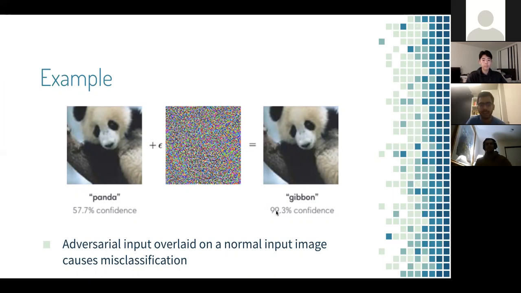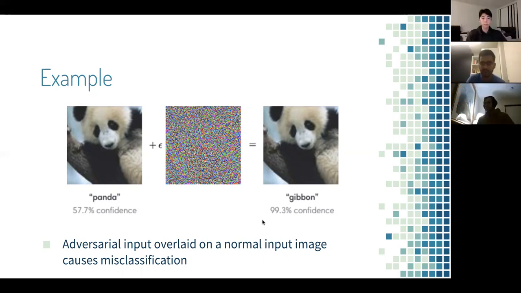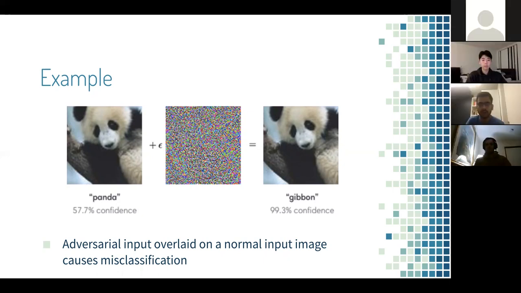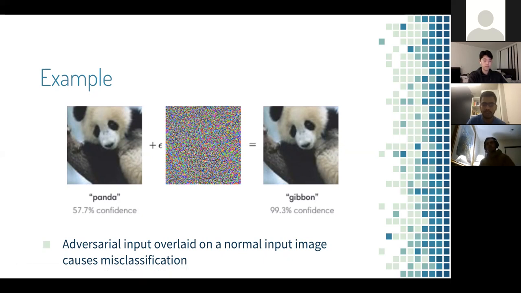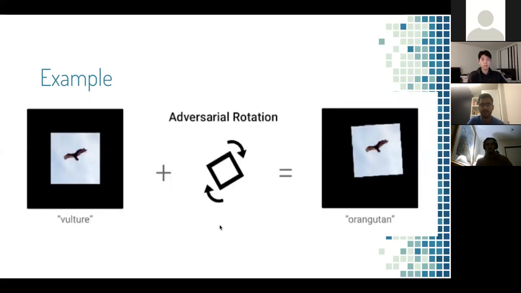And astonishingly, with like 99.3% confidence. So it's pretty sure that it's a completely wrong animal. So this is definitely something that you want to avoid. And you want to make sure that your machine learning systems are trained to avoid such problems, because this can lead to serious issues in many different situations.